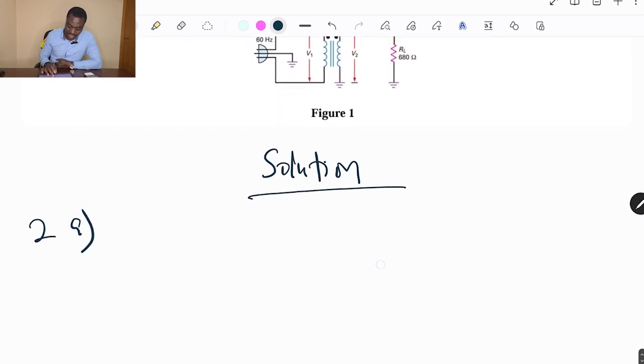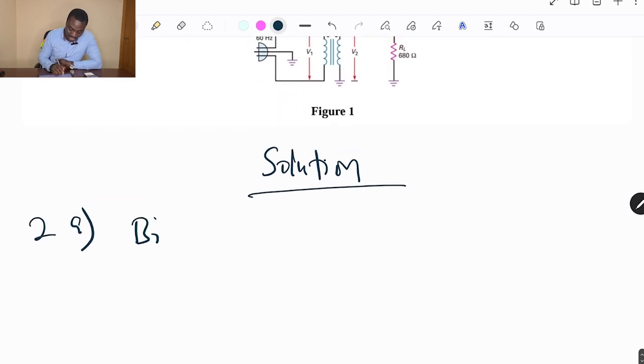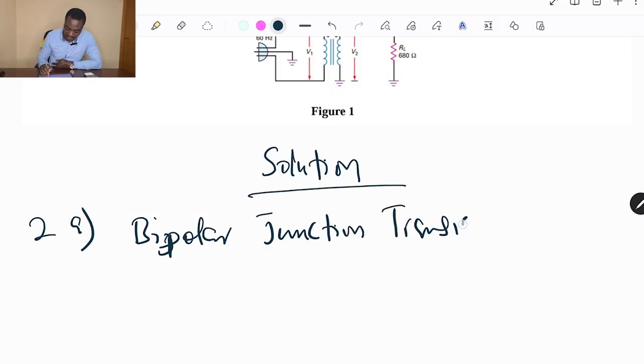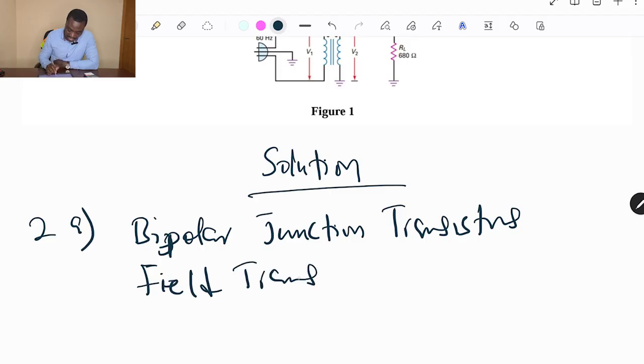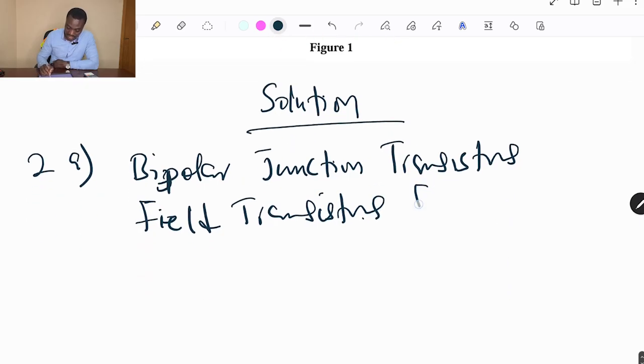We are talking about, for example, bipolar junction transistors. Then we have field effect transistors, which is regarded the same as FET.